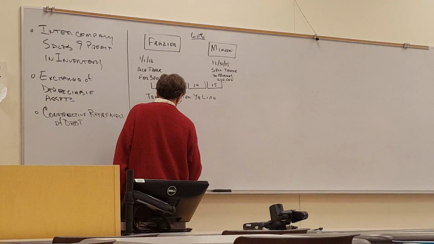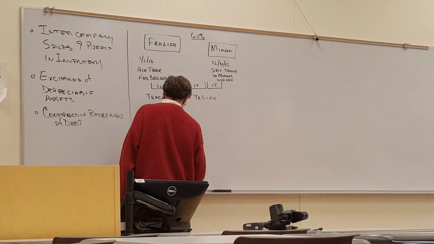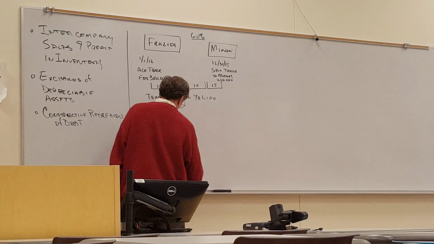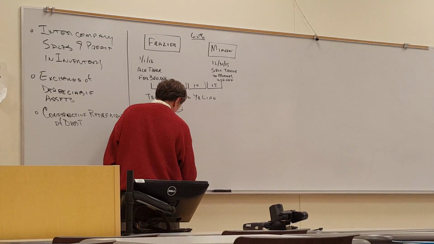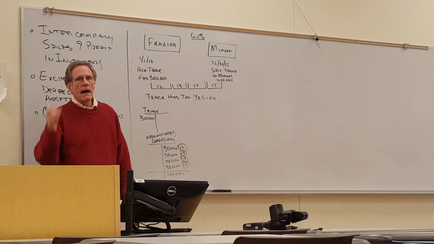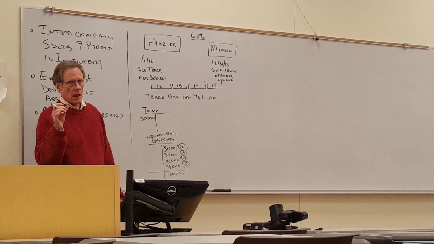So we have $30,000 in 12, $30,000 in 13, $30,000 in 14, $30,000 in 15. Total is $120,000 of accumulated depreciation at the point in time that we sell the truck.